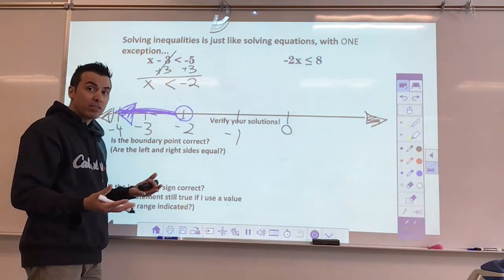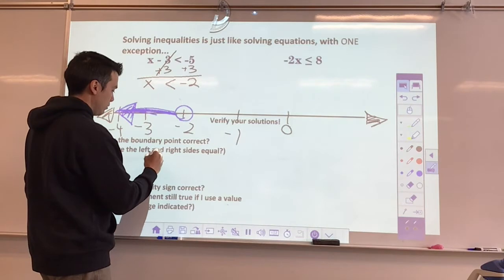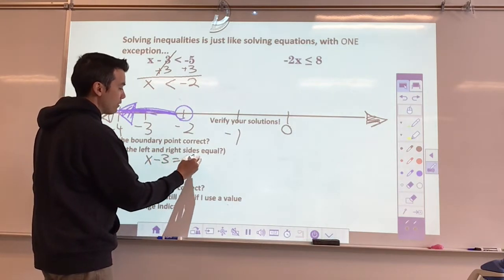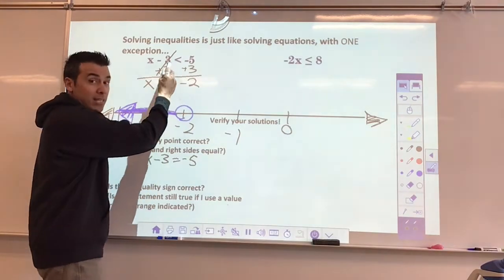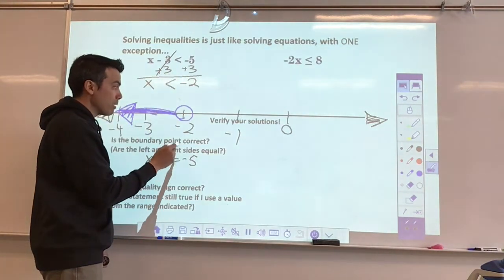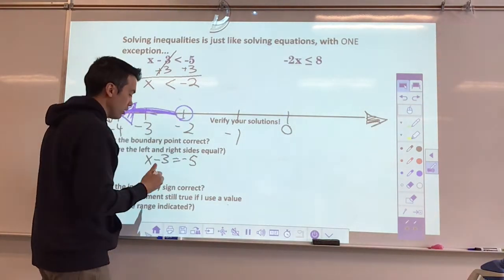I want to see if the left-hand side equals the right-hand side. So I would write x minus 3 equals -5. Even though there's a less than sign there, I'm using an equal sign because I'm only checking one point, the point where the circle is.